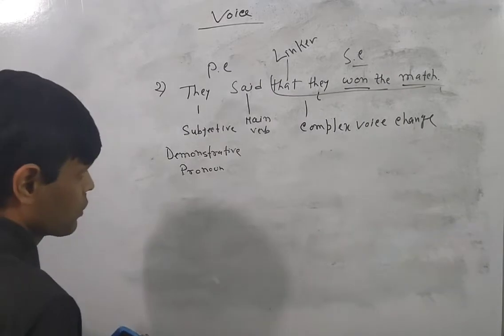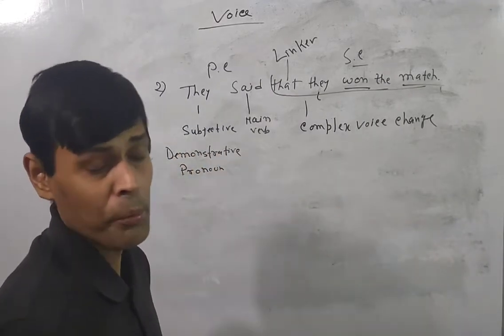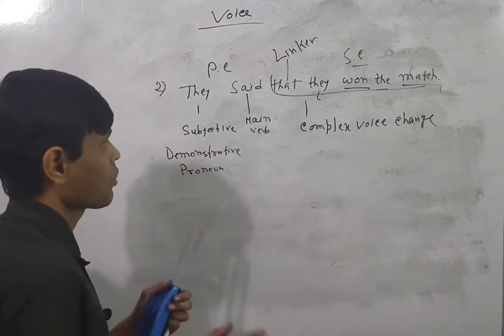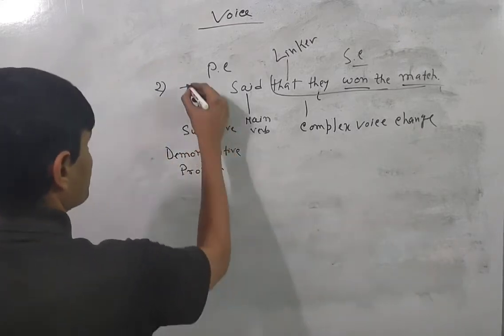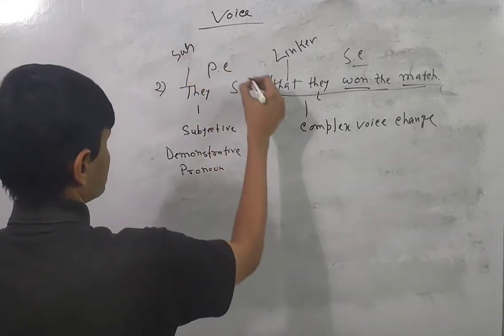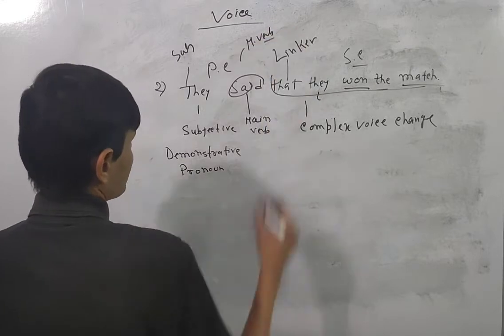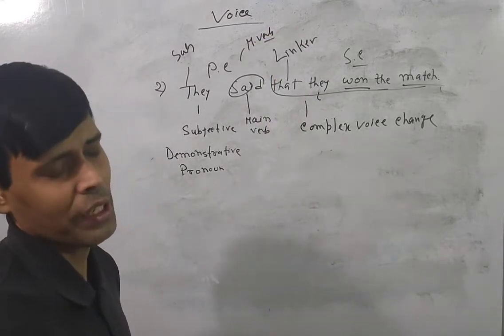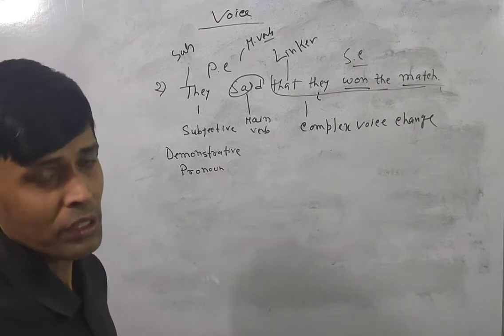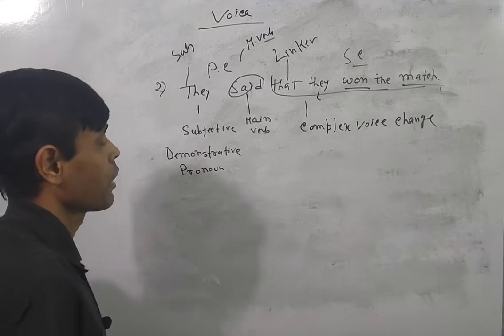Whenever you see that this kind of sentence is given in any form of competitive exam, you just apply your common sense. How? Suppose this is the subject, this is the main verb. Then what is generally going to come after said, after main verb?